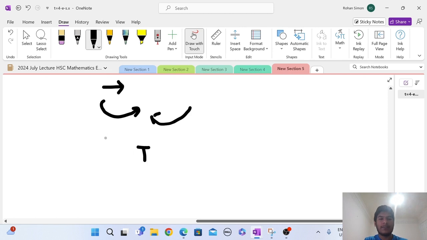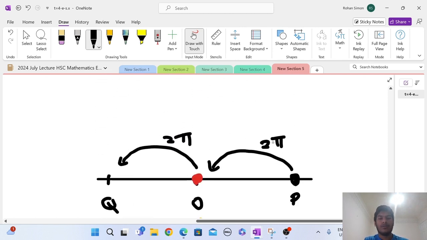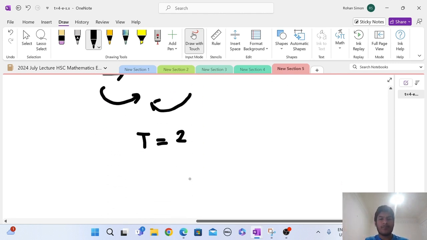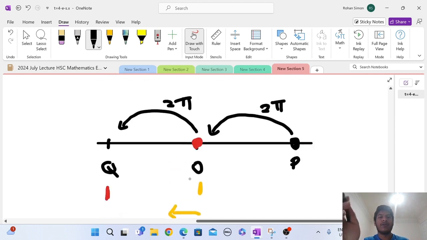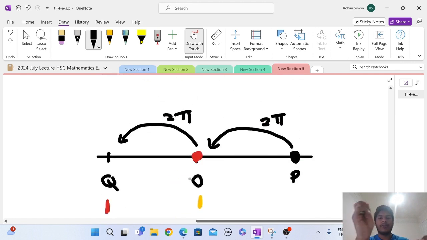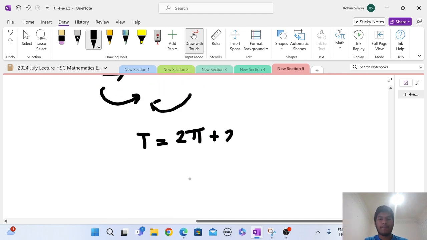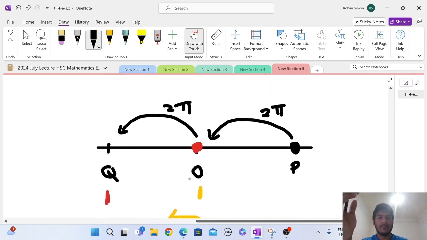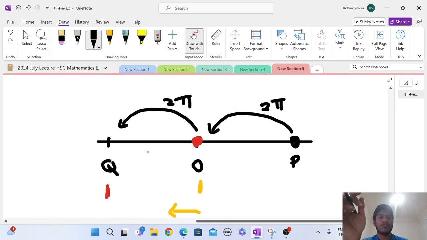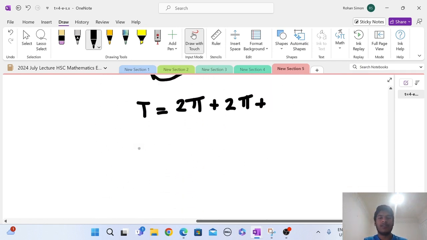So we get t equals the first 2 pi, before the second particle was even released, plus the 2 pi at which point the second particle was at O and the first particle was at Q, plus the midpoint time between O and Q at which they meet, which is pi.